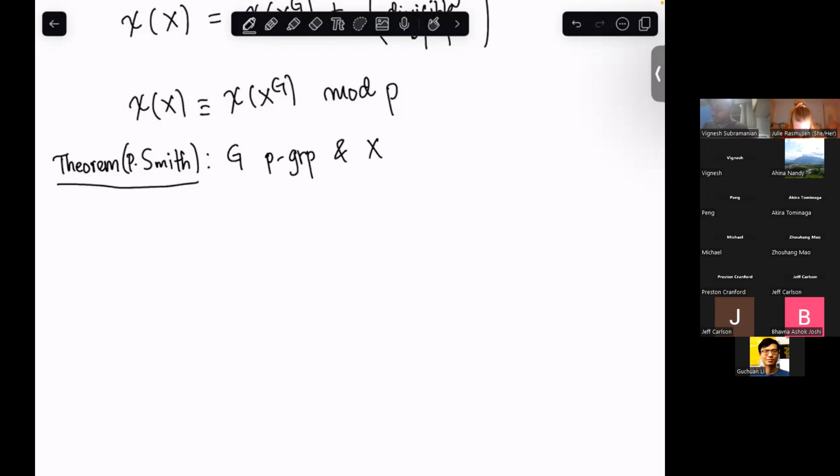So G a p-group, and X a finite G-CW complex, this is going to be the setup, such that X is a mod p sphere, that is, the F_p homology is that of some sphere of dimension n.